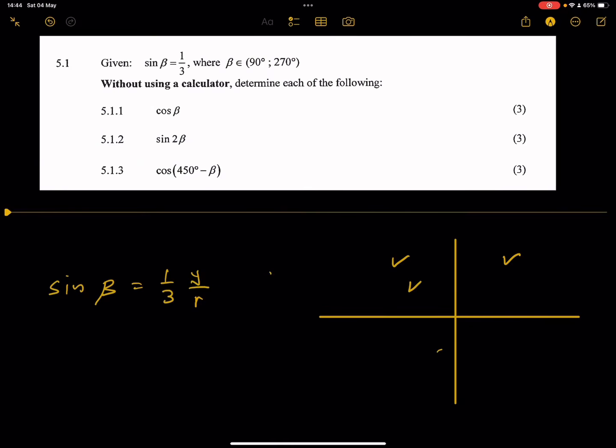So they say beta falls within these two. So we've got 2 ticks in this case in the second quadrant. So definitely a triangle should be in our second quadrant. So that means that our y value will be equal to 1, right? That's a positive value. And our r value, which is always positive, is 3.